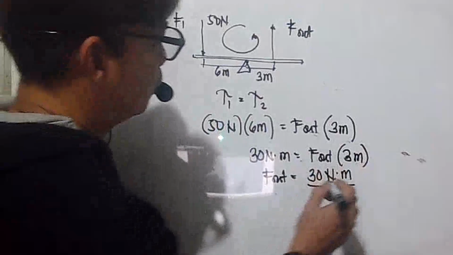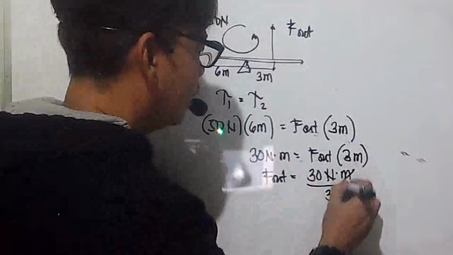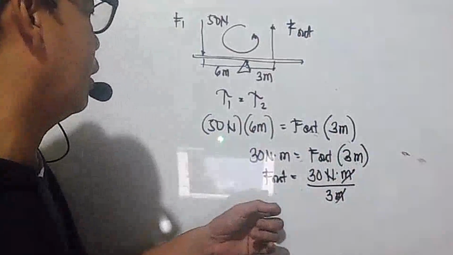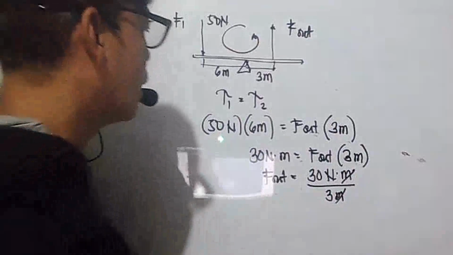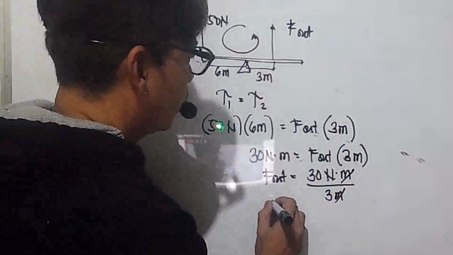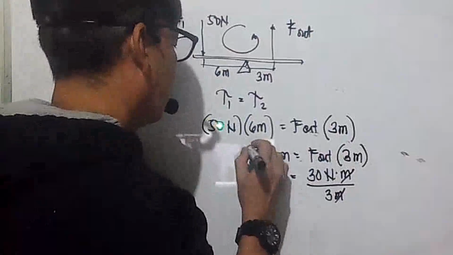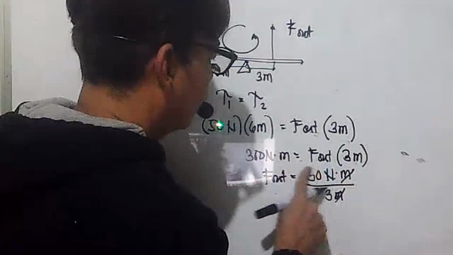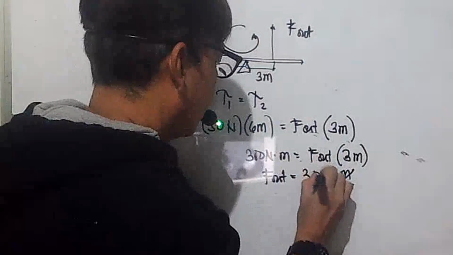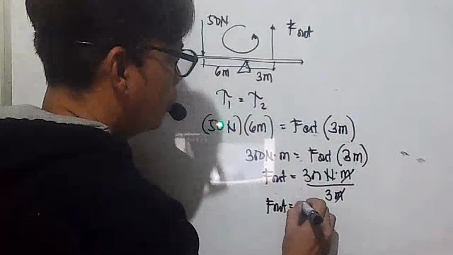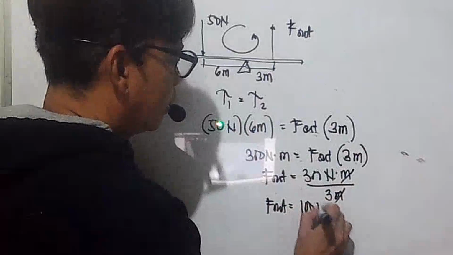Unit analysis: cancel meter and meter, so you're left with newtons, which is what we need for force. So wait, this is 300. Did I write 300? Okay, 300. So F out now is equal to 100 newtons.